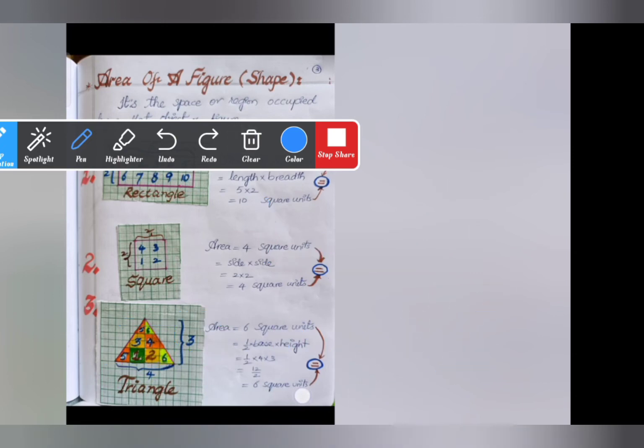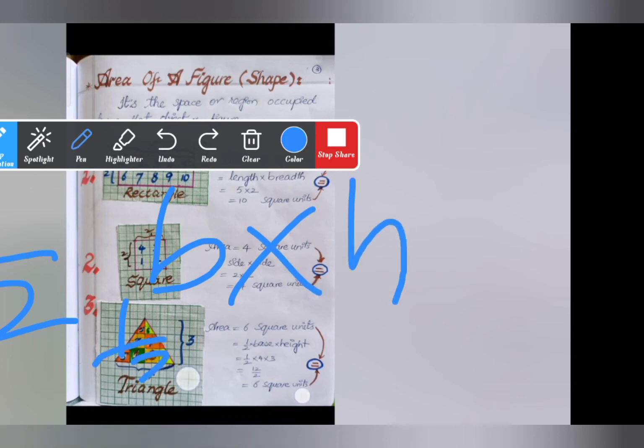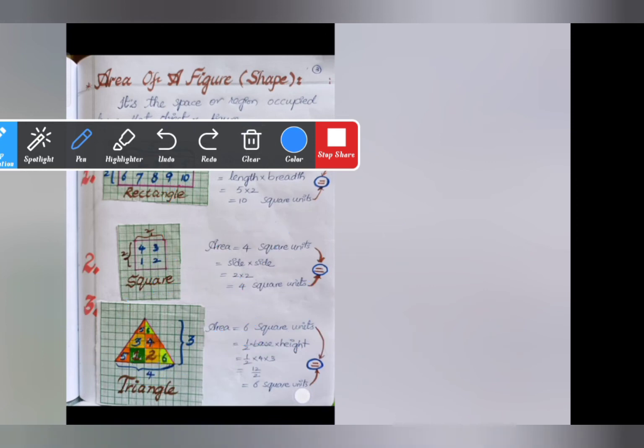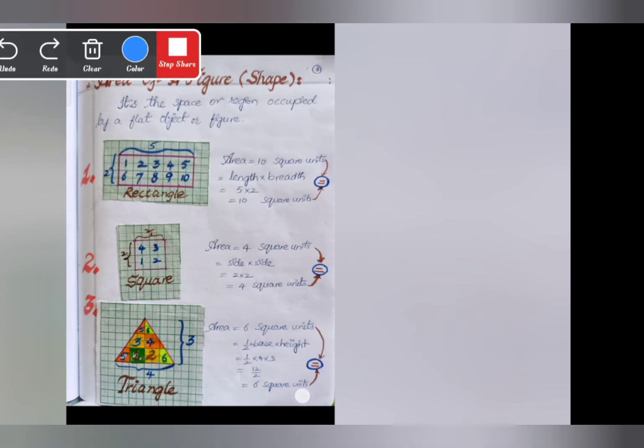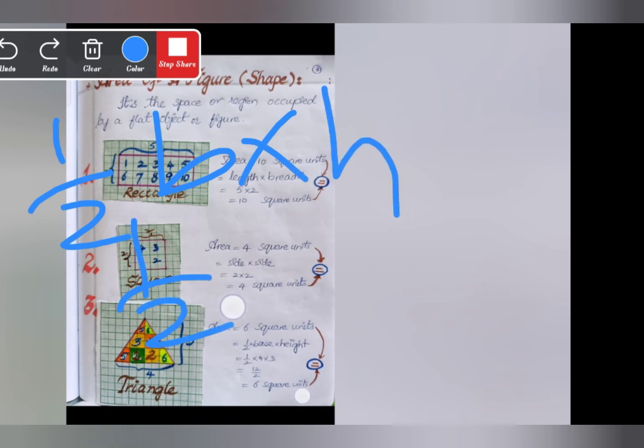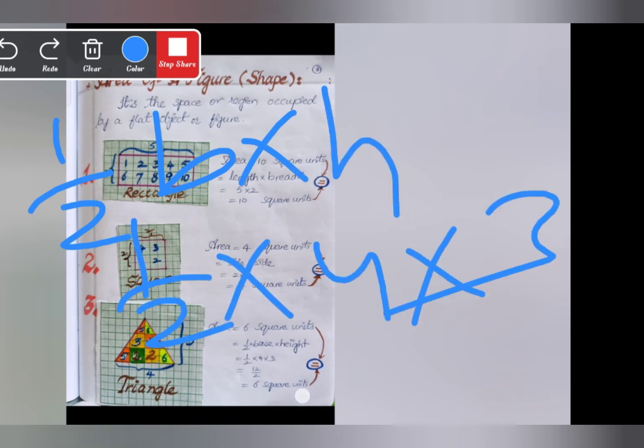Now we will apply in this formula half base into height. Half, what is the base? 4. Height is 3. Half base into height. Half 4 into 3. Now here it is in denominator, it is in numerator. 2 ones are 2, 2 twos are 4.